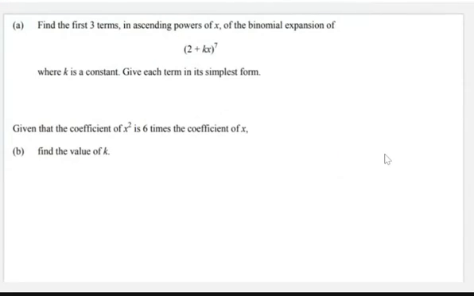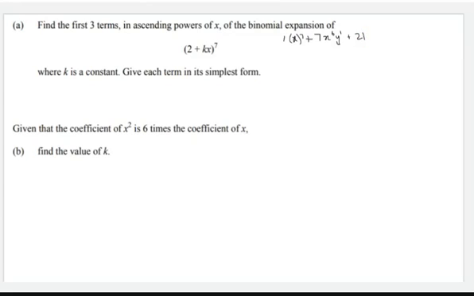Remember, you're doing it the way round that the question's written it.